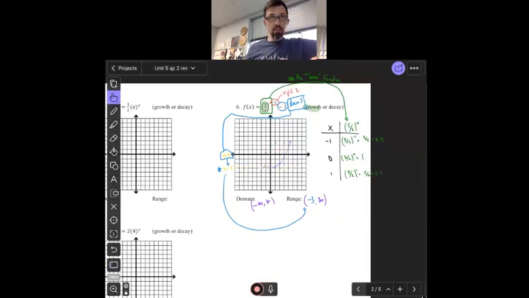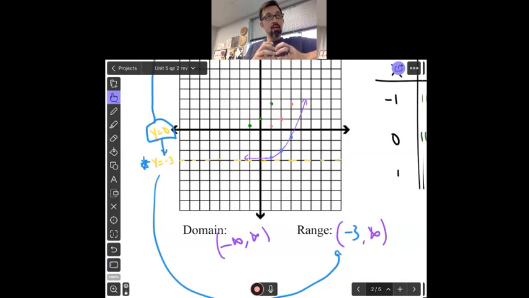Anything about number 6 you guys want to talk about? Because the asymptote is not on the axis, I do expect you guys to draw it. Okay? So label it and draw it. It needs to be drawn, not just labeled. So the asymptote is there visually for us. That's why it's a dashed line, because we draw it so we can see it. Okay? So it needs to be drawn to be seen.